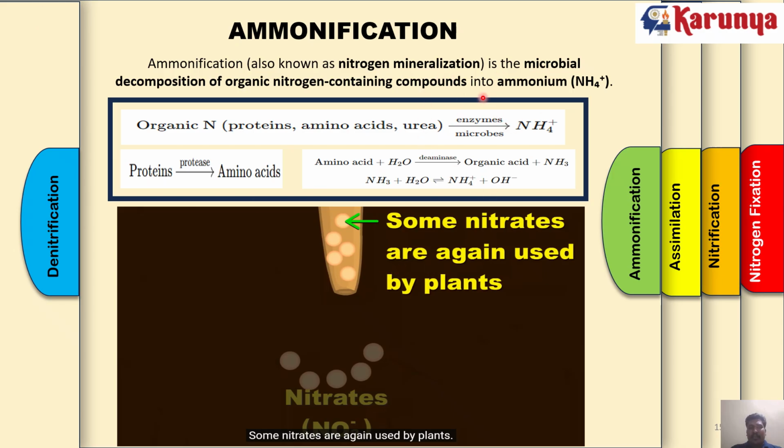During decomposition, the nitrogen present in organic forms, such as proteins and amino acids, is converted into mineral forms, ammonium or nitrate, due to the enzymes present in the soil as well as the microbes involved in these activities. So ammonification is nothing but the conversion of organic nitrogen into ammonium.